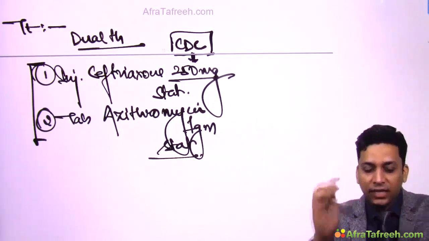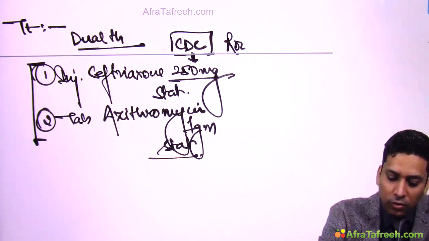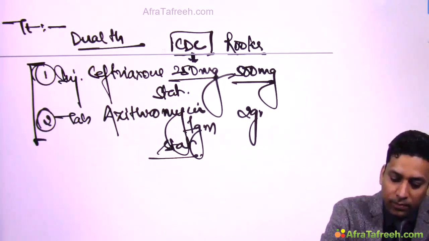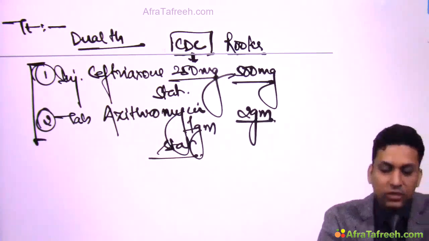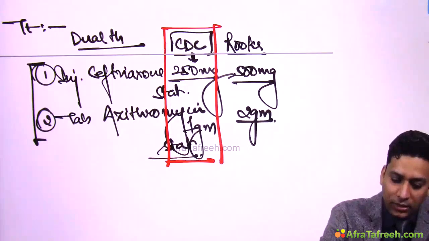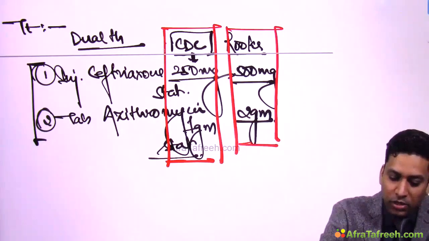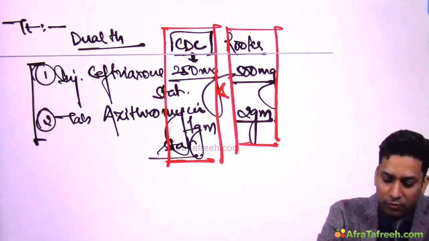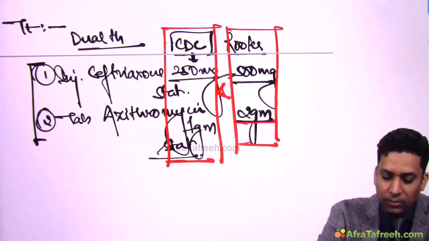But in the recent edition of Rook's, if you look at these doses, there it is mentioned 500 mg of ceftriaxone and 2 gram of azithromycin. So either of these doses will be mentioned, but if both are mentioned in separate options, then choose 500 ceftriaxone and 2 gram azithromycin.